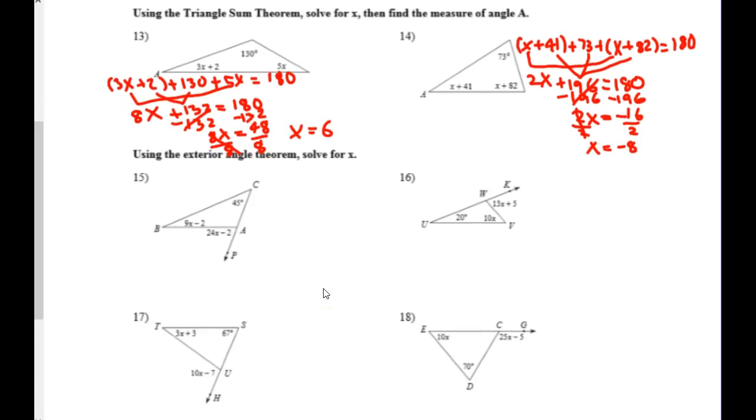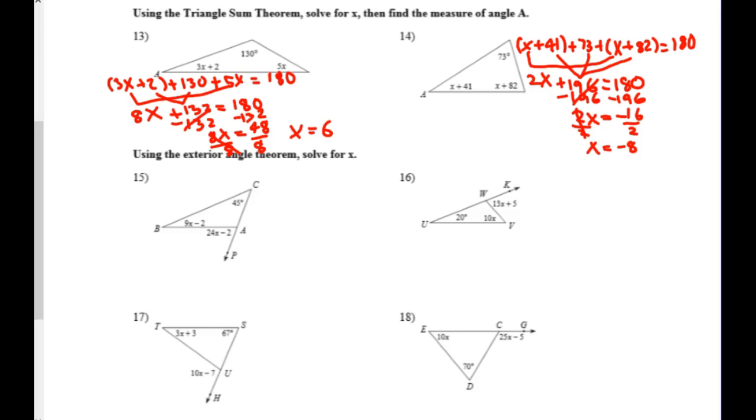All right, this next part, our favorite part, might be a little tough, but we can do it. On every one of these exterior angle problems, you're always going to do outside equals inside plus inside, because the exterior angle is equal to the sum of the remote interior angles. Okay, so let's do that.